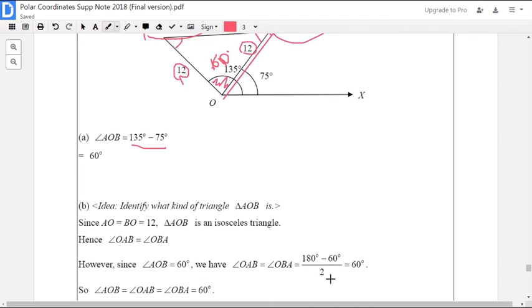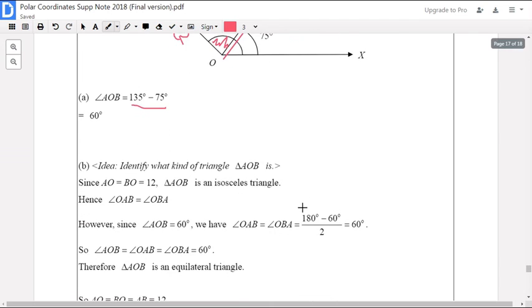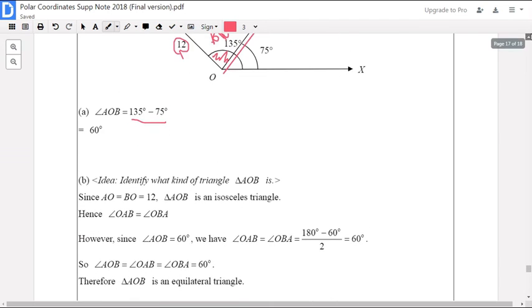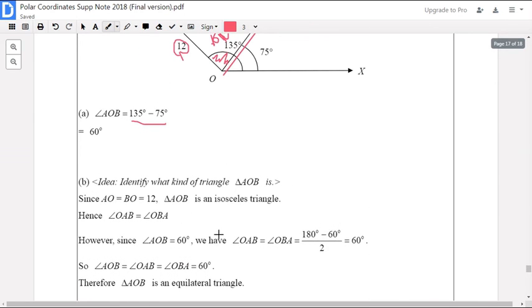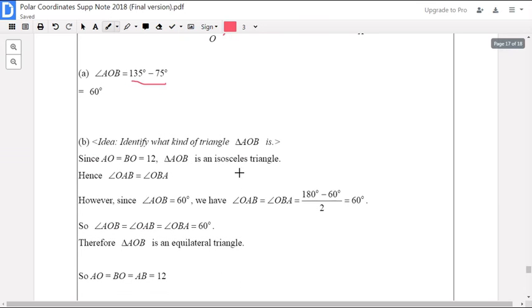180 minus 60, divided by 2. And you can see that it is not only an isosceles triangle, but all the three angles are the same. All of the internal angles are 60. Therefore, triangle AOB is actually not only an isosceles, but an equilateral triangle.